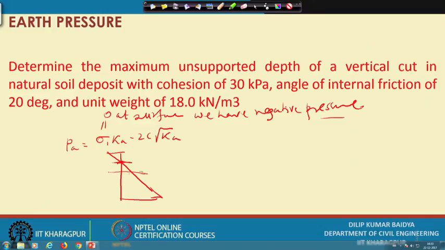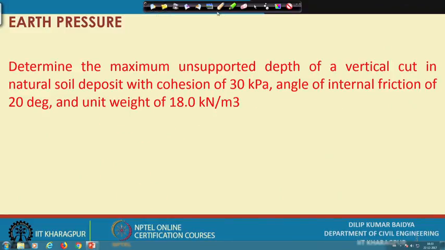Theoretically we can go without support up to this depth, because the negative pressure and the positive pressure make the resultant thrust on the wall zero. So theoretically up to this much depth we can excavate without support. This I have discussed in the theory. Let me do the steps of calculation here.